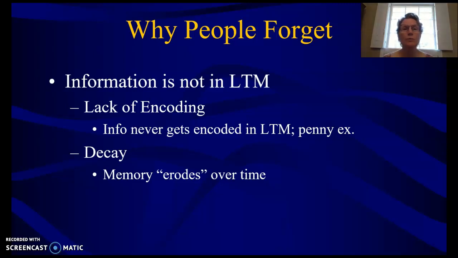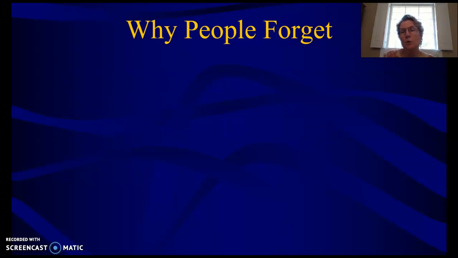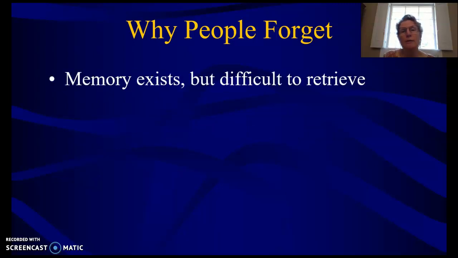Another way that we forget information is just through decay, which basically means that the memory erodes over time or kind of fades over time. It just kind of fades from our memory. So those are the main two reasons why people forget.